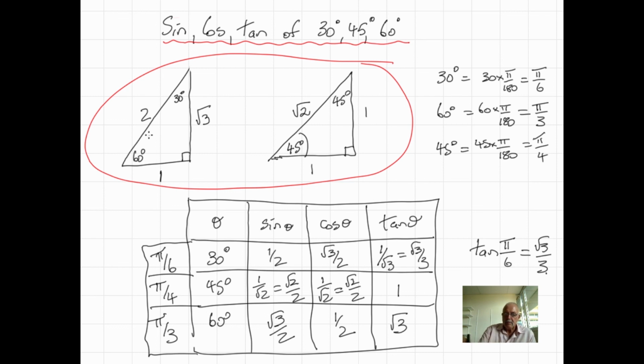So if you like, not only remember those triangles like that, but you can also memorise them with pi on 6 up here. So we'll do that in another colour. And this is pi on 3, and this is pi on 4. So memorise them both with degrees and radians in there.